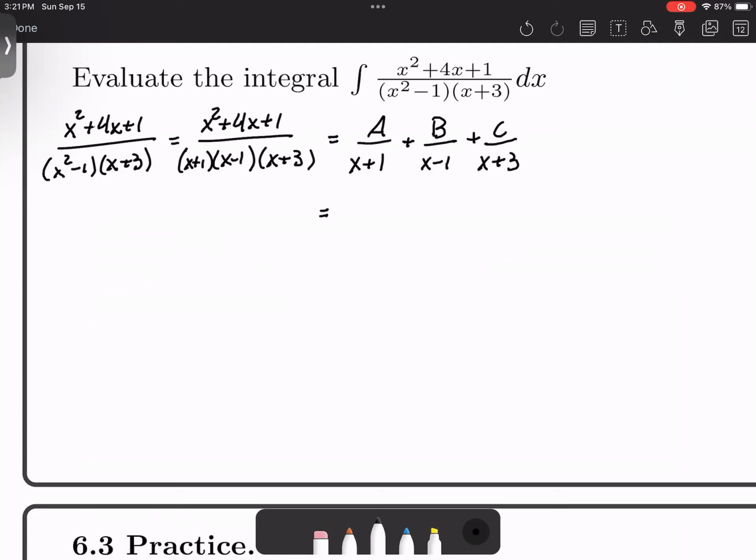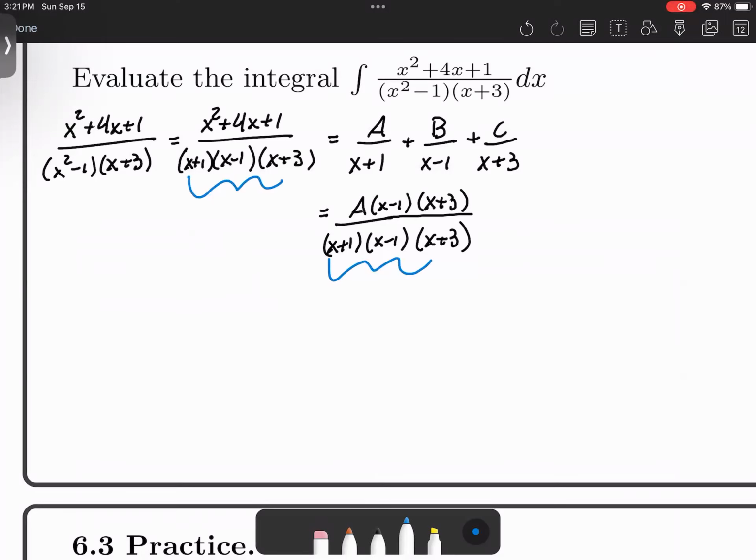So I'll take my first fraction, a over x plus 1, and I will give it an x minus 1, top and bottom, right? Because I don't want to change anything. I'll also give it the other denominator, x plus 3, top and bottom. So now notice this denominator is my desired denominator. And I'll do the same thing for the b term.